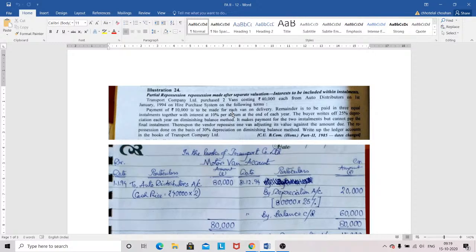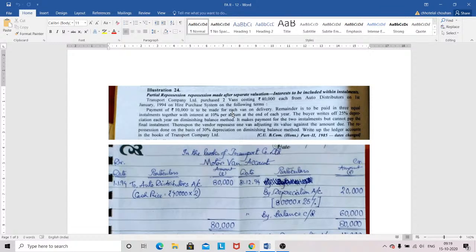That means the hire purchaser made payment for 2 installments, but failed on the last installment. Thereupon the vendor repossessed one van. That's a very important thing. 2 vans were purchased, the vendor repossessed 1 van. That's actually the partial repossession.